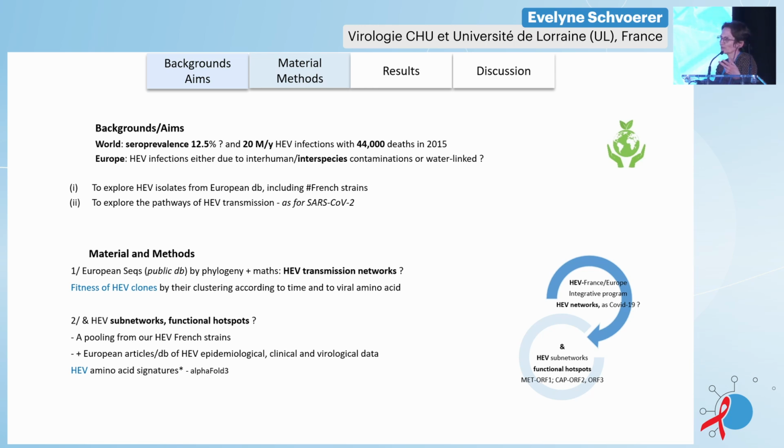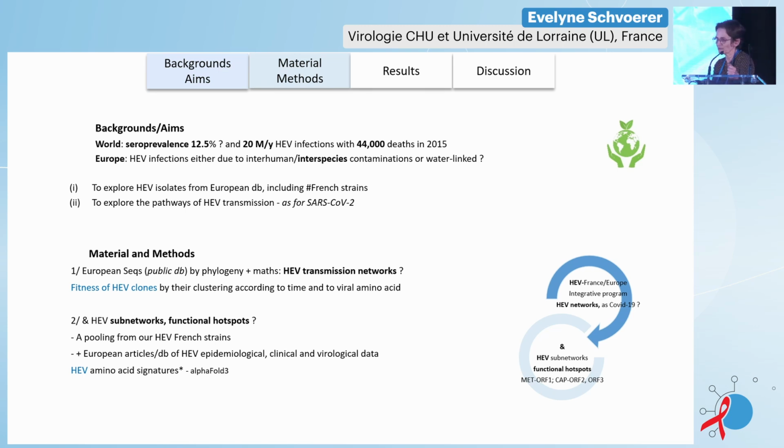This approach, by collaboration with the mathematicians, has been very interesting on the SARS-CoV-2 model, but we have, as you know, a lot of data for COVID-19. It's quite more difficult for this virus.